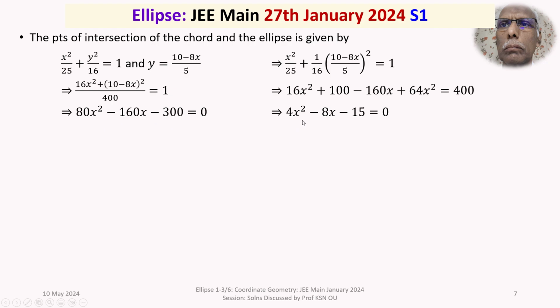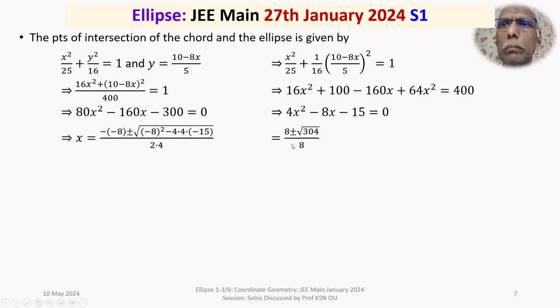We get 4x square minus 8x minus 15 is equal to 0, which is a quadratic in x, whose solutions are given by x is equal to (minus b plus or minus under the square root of b square minus 4ac) by 2a. On simplification, we will get (8 plus or minus under the square root of 304) by 8.